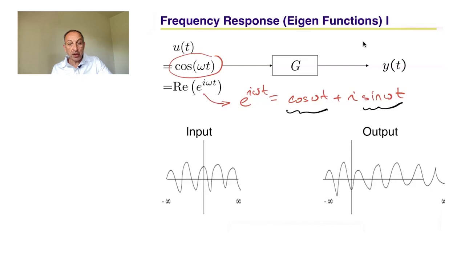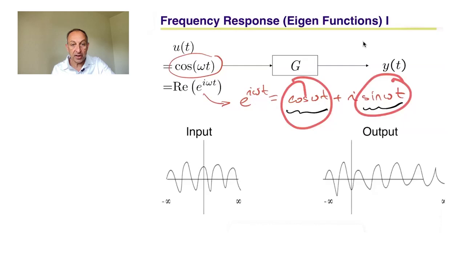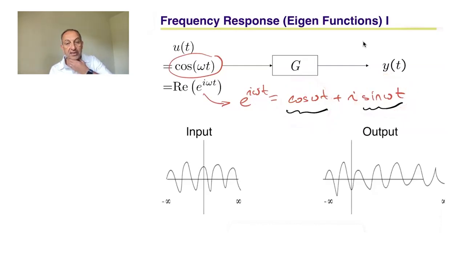Because of linear systems, if you put in cosine omega t plus I sine omega t, then the response is whatever responds to the first part, plus I times the response of the second part, because of linearity. And so all we have to do is take the real part of the output to find the response to the real part of the input. It's a nice manipulation using the properties of linear system theory. Anyway, this is going to become very clear.